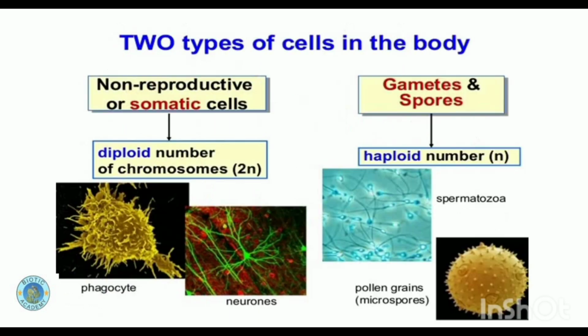With reference to the type of cells in the body, we will see two types of cells present in living organisms: the non-reproductive or somatic cells, and gametes or spores.